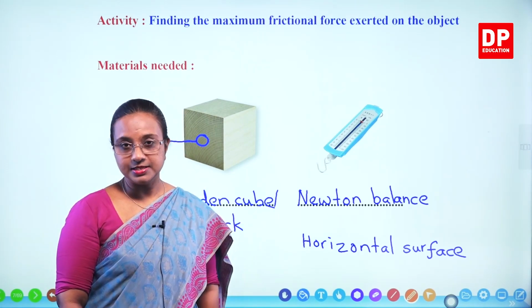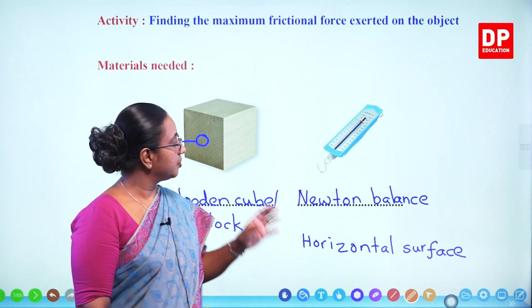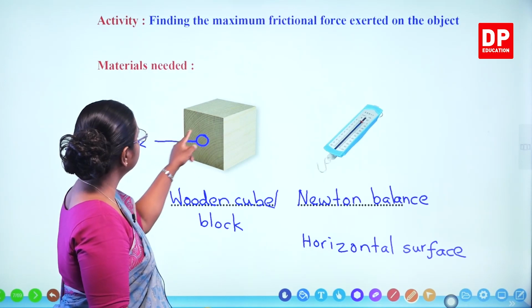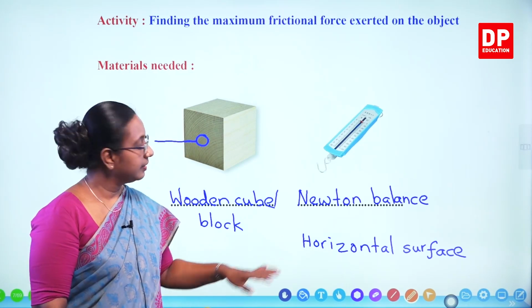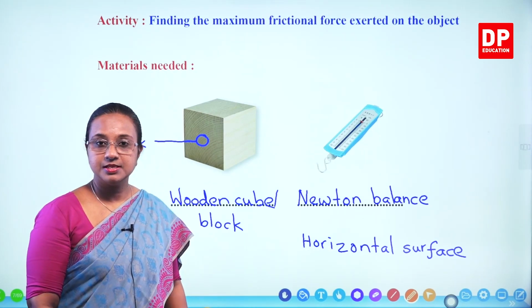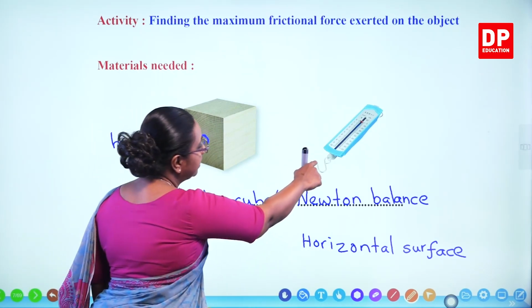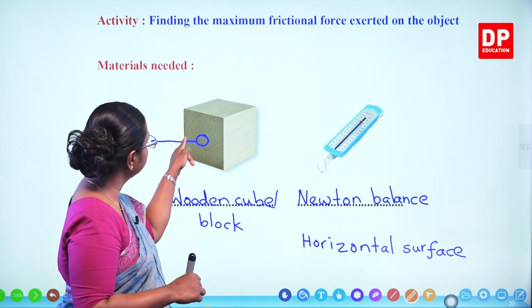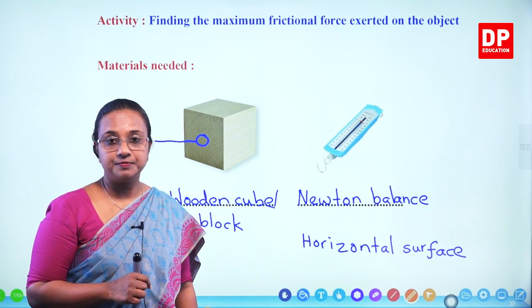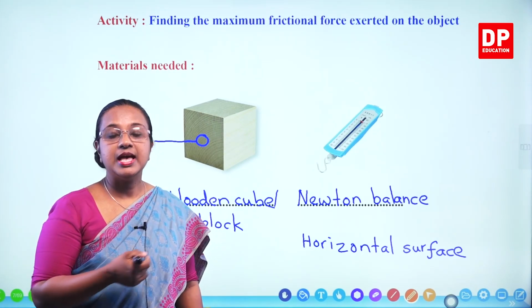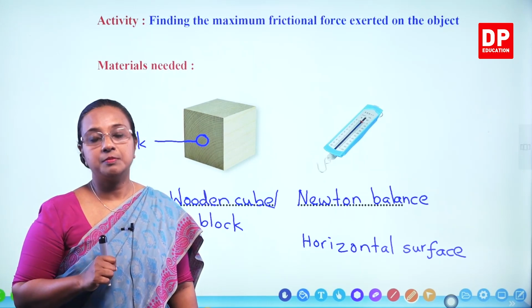So what we will be doing is, we will first fix the hook to the wooden block. Then we place the block on a horizontal surface. And then we connect the hook of the Newton balance to the hook attached here. Initially we apply a small force and try to pull the block.